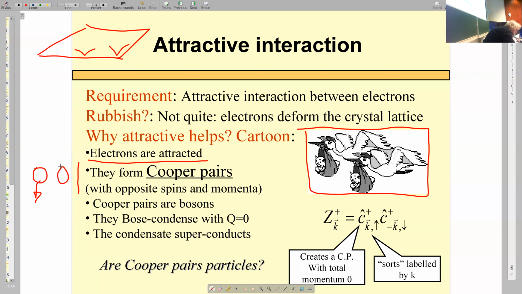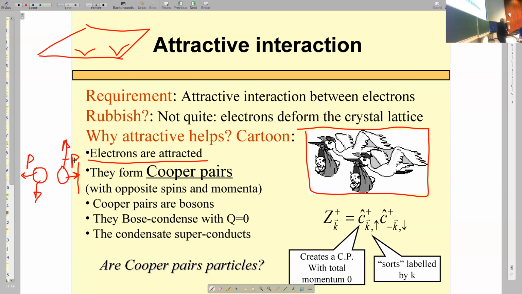Let me just draw it. And usually they come with opposite momenta. This union of two fermions is a boson. So fermion minus, two times minus, plus, it's a boson.